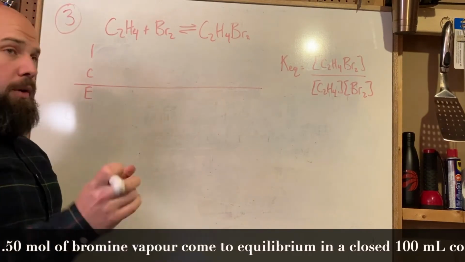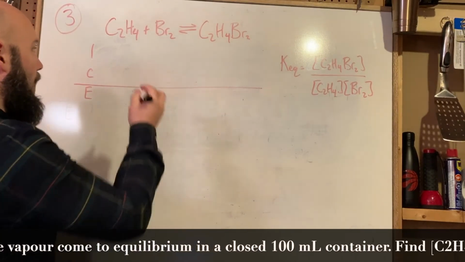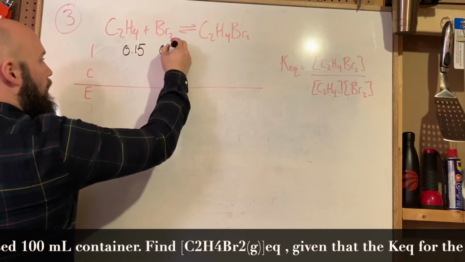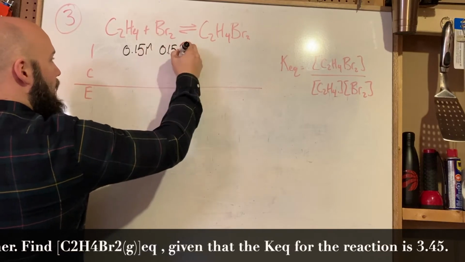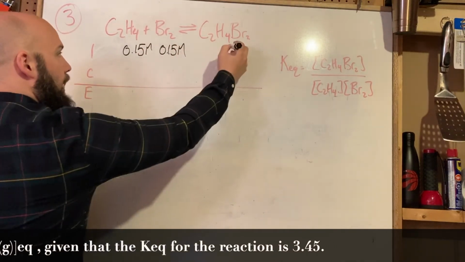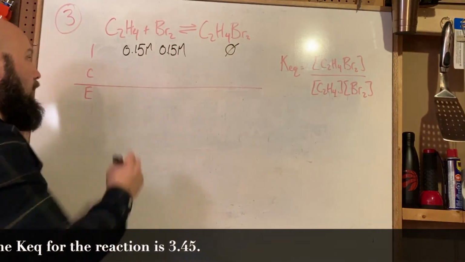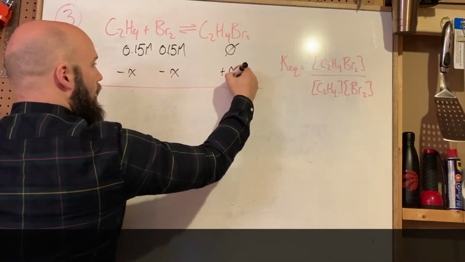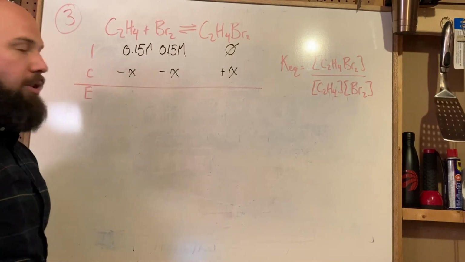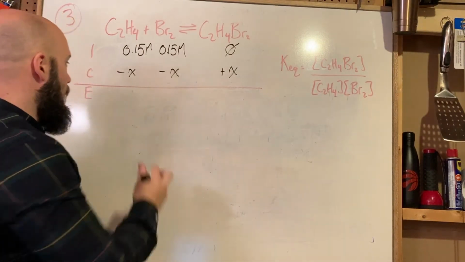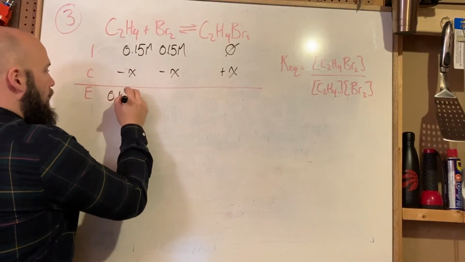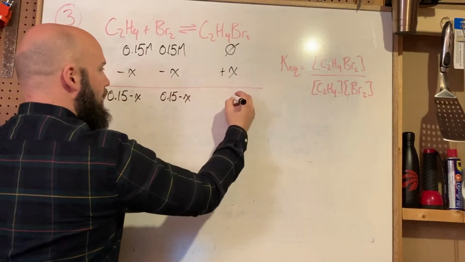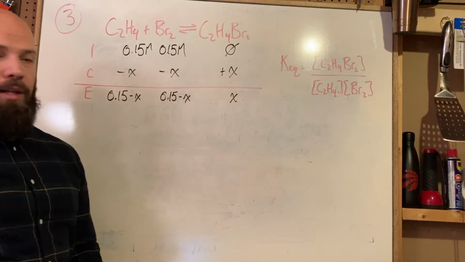So for practice problem 3, I'm going to just carry my notes here for this one so that I don't keep looking down. We're given that 0.15 is the initial concentration of both the ethene gas and the bromine. And we have none of our product to start. Meaning our change for all of these values, because we have no coefficients, is just plus or minus x. Writing out our equilibrium expression, we'll see that both of our reactants will have the same expression at equilibrium.